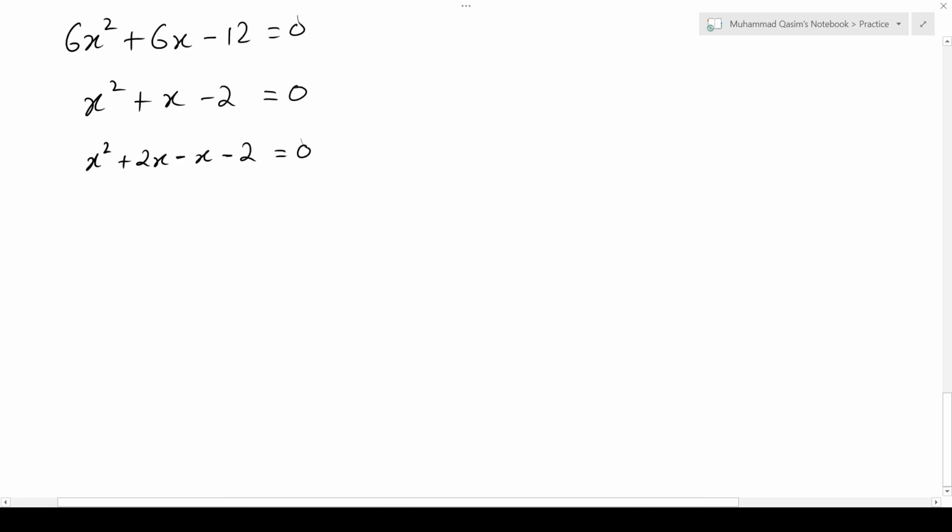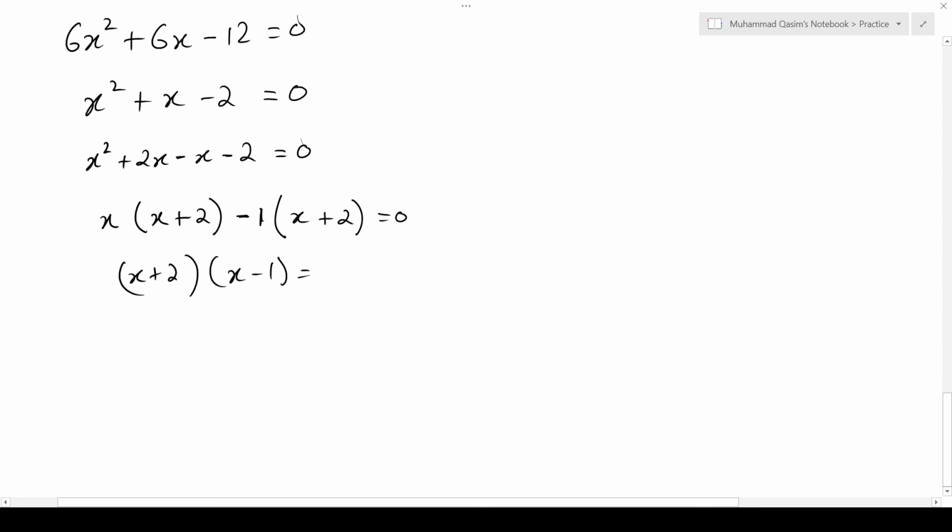Now I can take x as common from the first two terms, and I will be left with x plus 2, and then the negative 1 as common from the last two terms, and I will be left with x plus 2, and then x plus 2 is common and x minus 1 is left over.